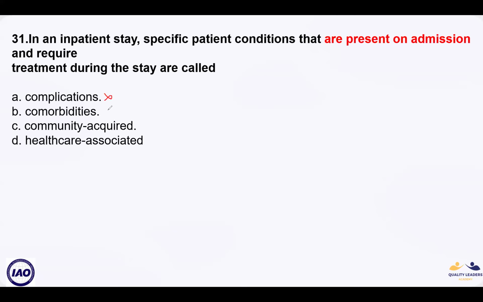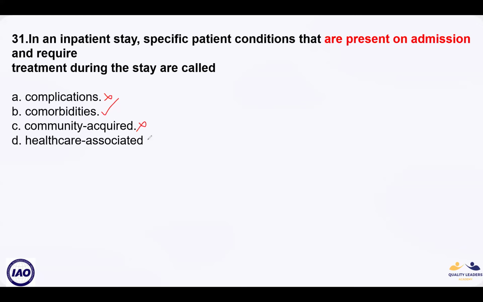Comorbidities, yes, additional conditions existing alongside the primary diagnosis at the time of admission only is called comorbidity, right? Community acquired means an infection that is acquired outside the hospital. This only talks about the infection, no other things like diabetes, hypertension, cardiac issues, etc. So this is a narrow focus for the description.